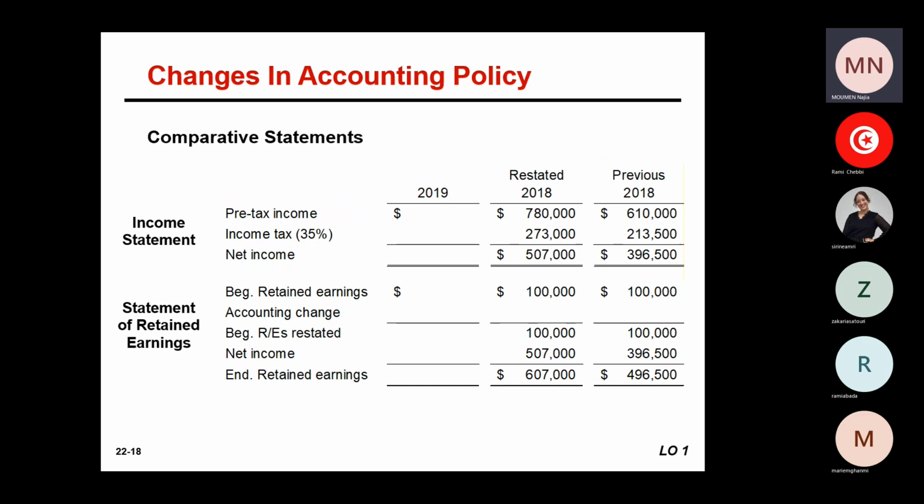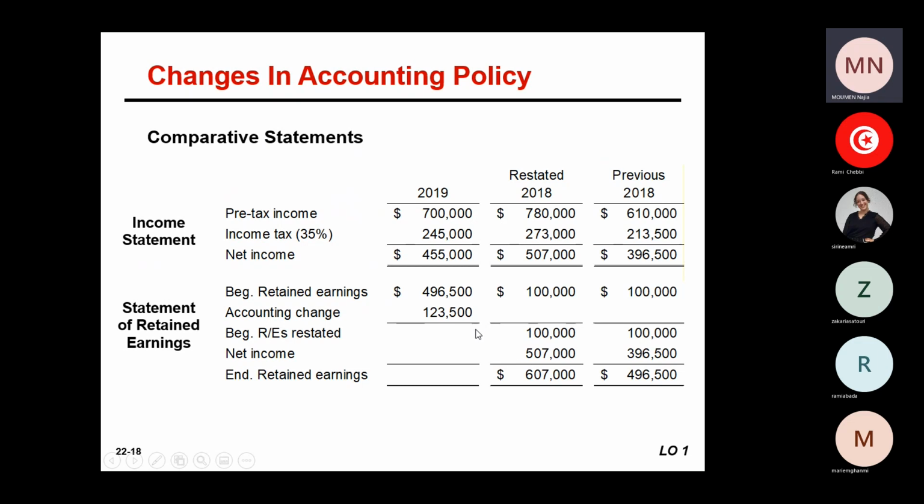So for 2019, my pre-tax financial income, now in this year we are using the percentage of completion, was 700. We apply the 35% income taxes. We have our net income of 450. We got the beginning retained earnings, that was prior to the adjustment. We have to adjust for the 123,500.